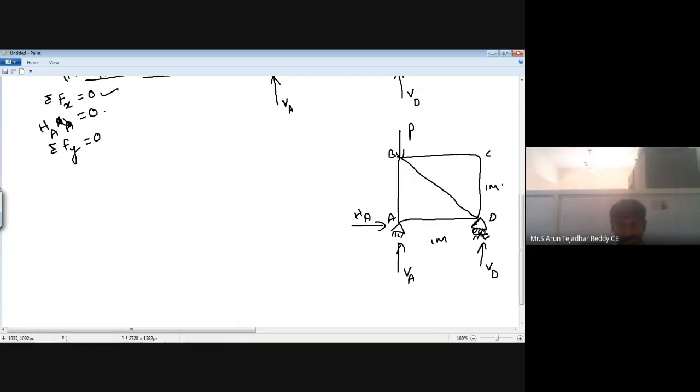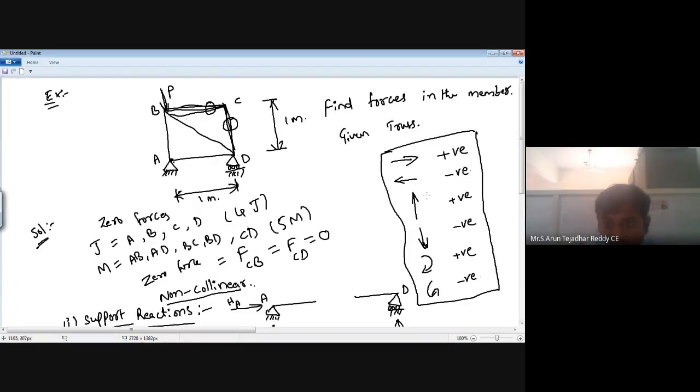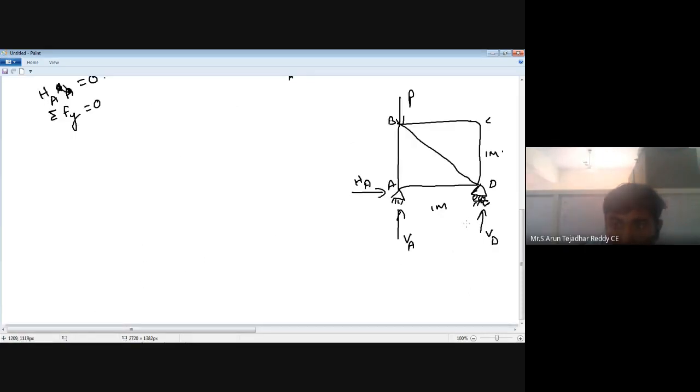VA is a vertical force, VD is a vertical force, and one more external load is also acting, that is P. All upward forces are taken positive, all downward forces are taken negative.